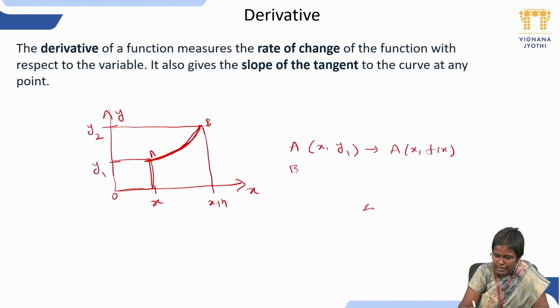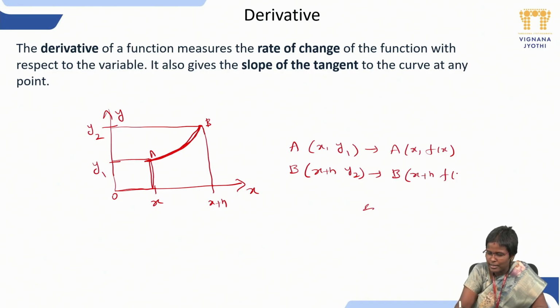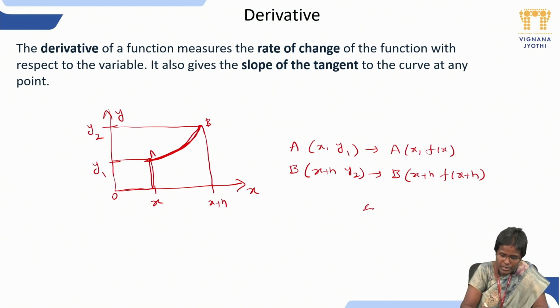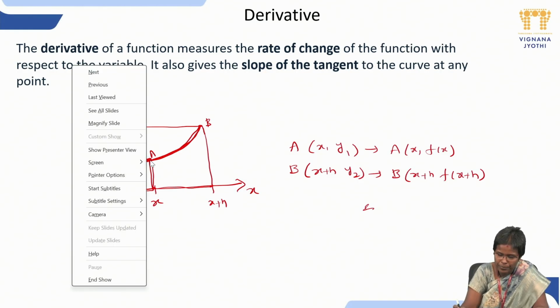Similarly, the point B is x plus h comma y2, where y2 is f of x plus h. Initially the point is here, and after some time, the point is x plus h.